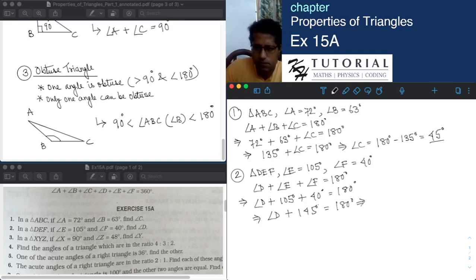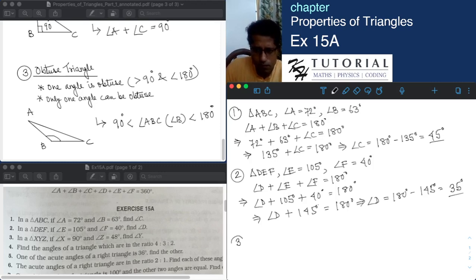So this implies angle D equals 180 degrees minus 145 degrees. This is equal to 35 degrees. So angle D is 35 degrees. Okay, let me do it.